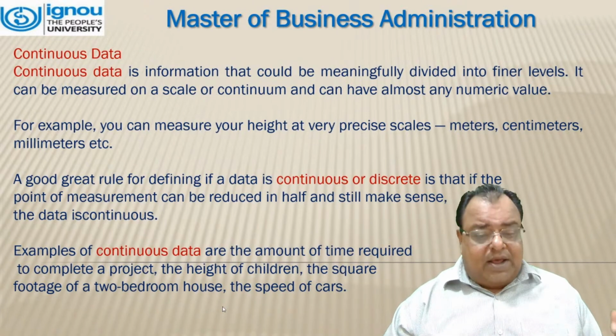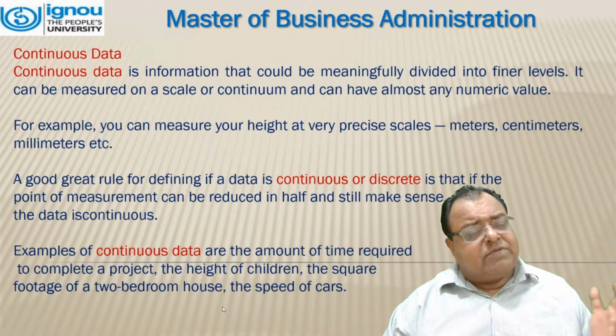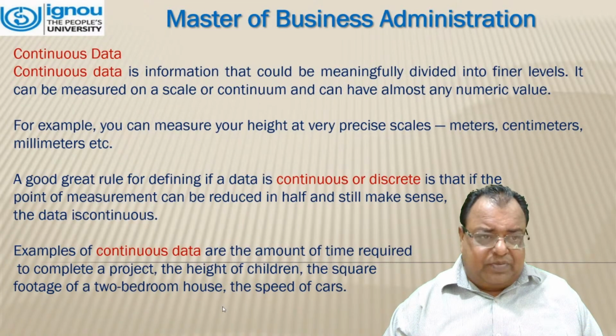Examples of continuous data are the amount of time required to complete a project, the height of children, the square footage of a two-bedroom house, and the speed of a car.